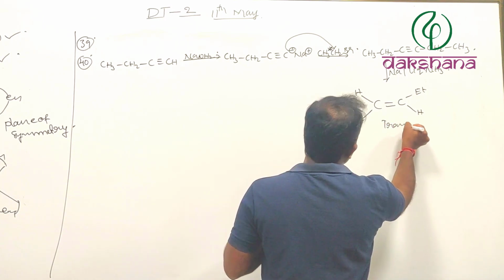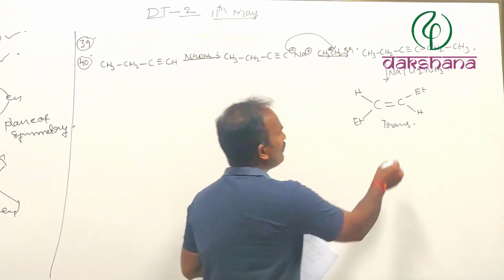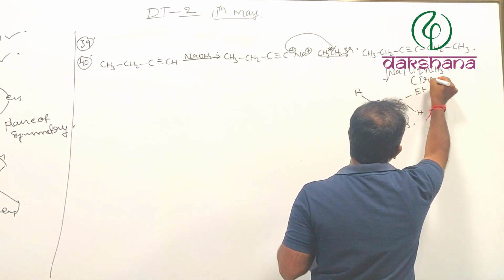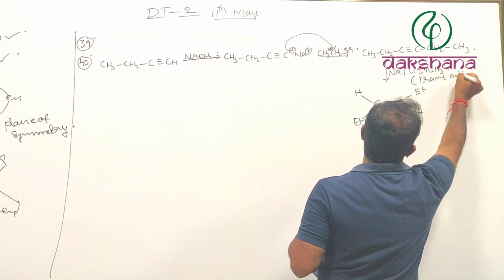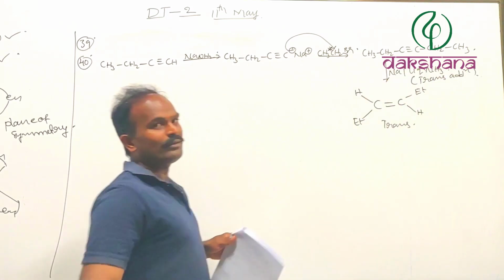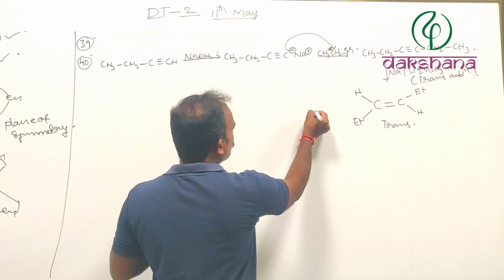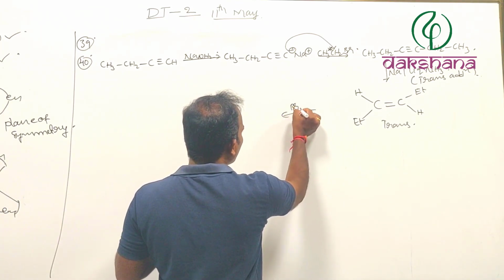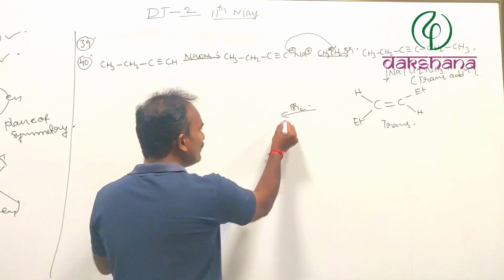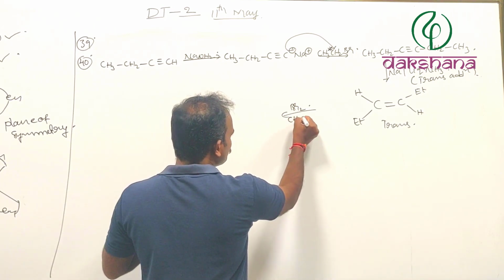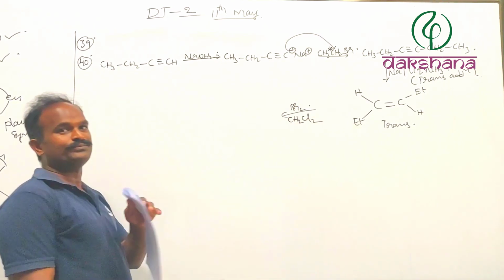This will be trans, because Birch reduction always encourages trans addition. Which one is further treated with bromine, not bromium, bromine in MDC, methylene dichloride.